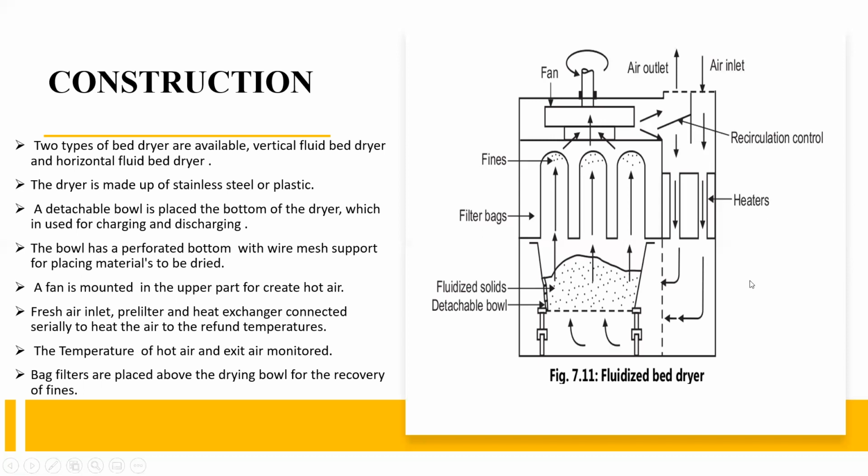First, the material will be placed into this detachable bowl. Then fresh air will be introduced through this air inlet, goes to the pre-filter, and then passes through the heat exchanger or heaters.